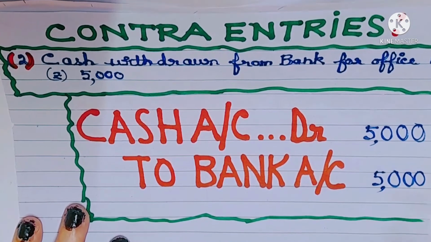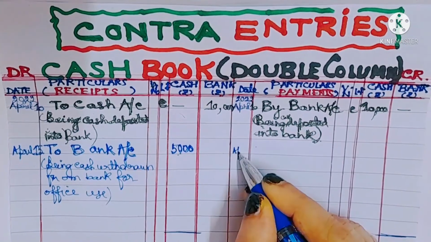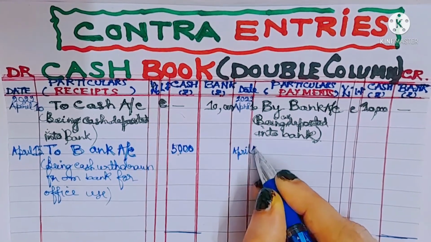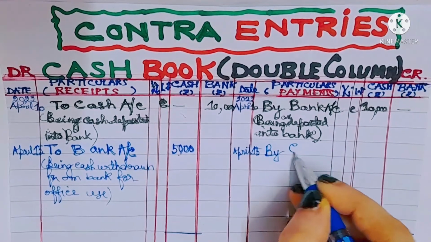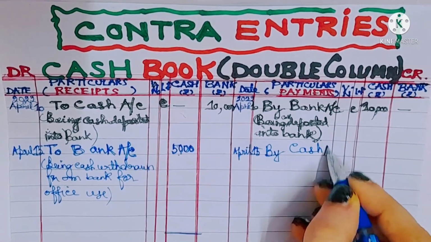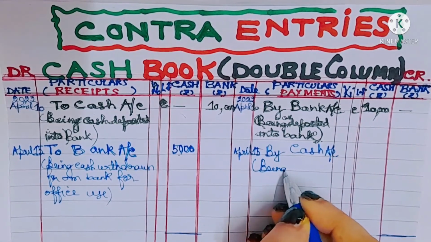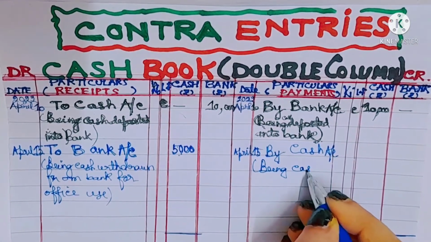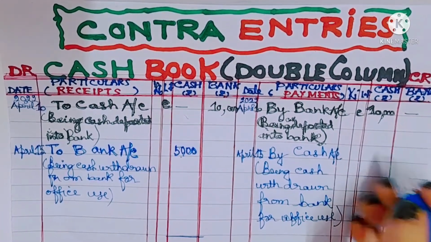Okay, so let's write. On 15th April, by cash account, being cash withdrawn from bank. How much? 5,000.